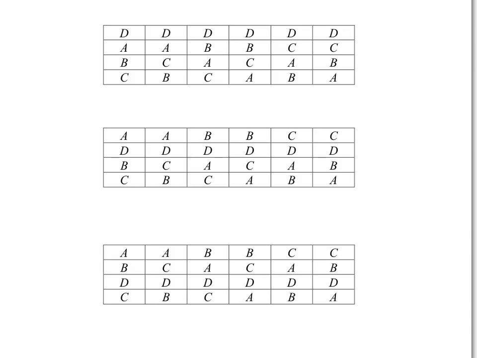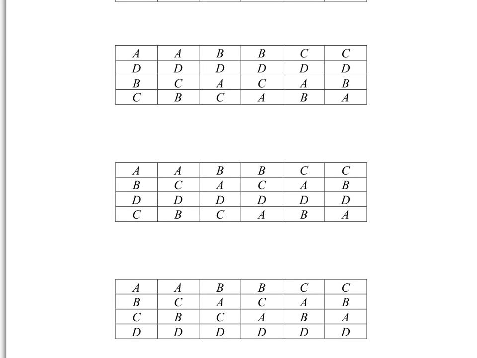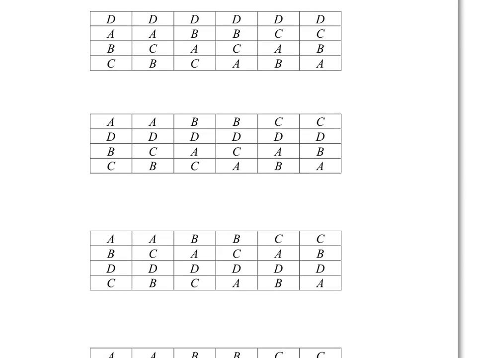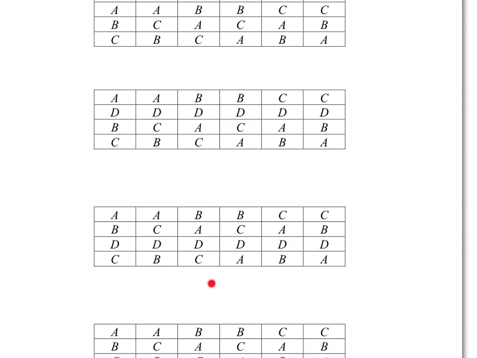When we introduce a new candidate, E, we could write E into the first choice position of every one of our 24 preference ballots here. That would produce a block of 24 preference ballots that all have E as first choice.